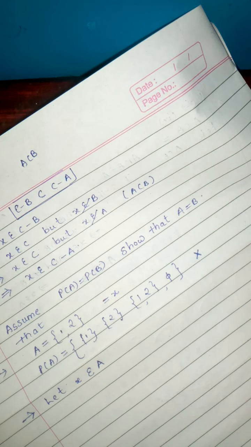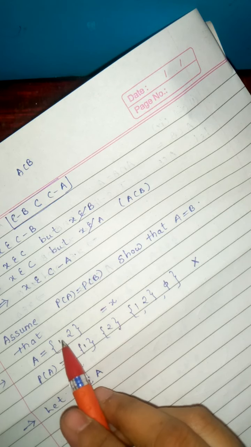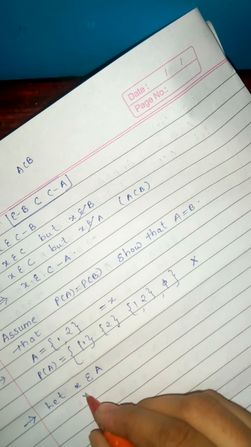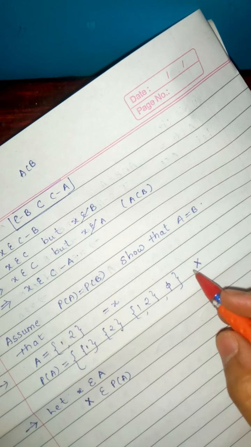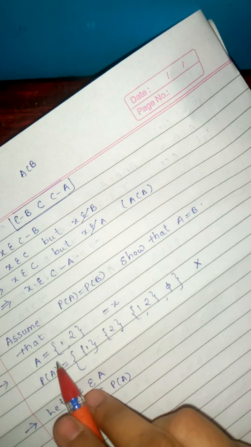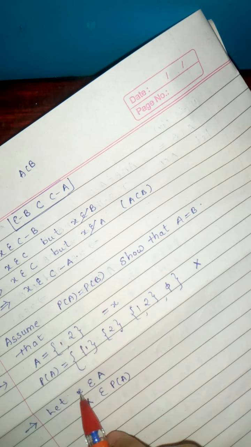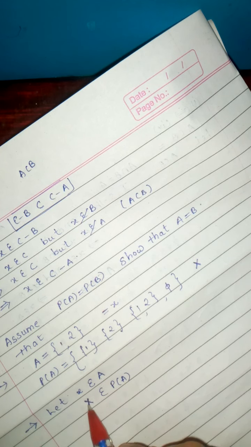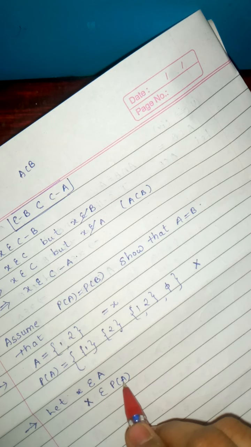If a small element belongs to A, then obviously that element, as a set, belongs to the power set of A. I am denoting power set elements by x because they are written in terms of sets. If you take just 1, and 1 belongs to A, then this x, the set {1}, belongs to the power set of A.